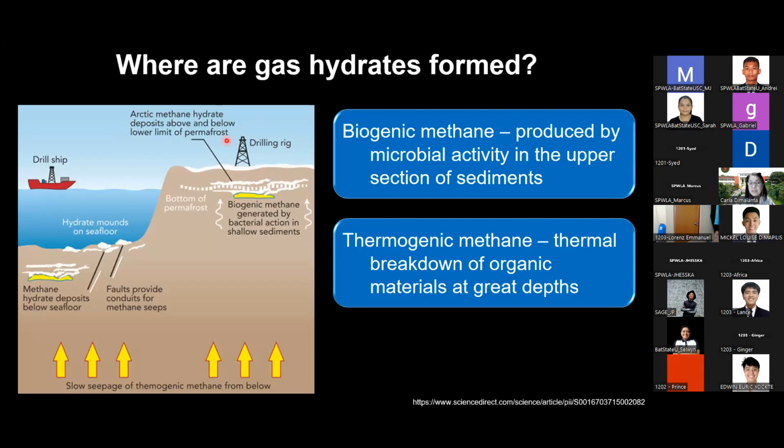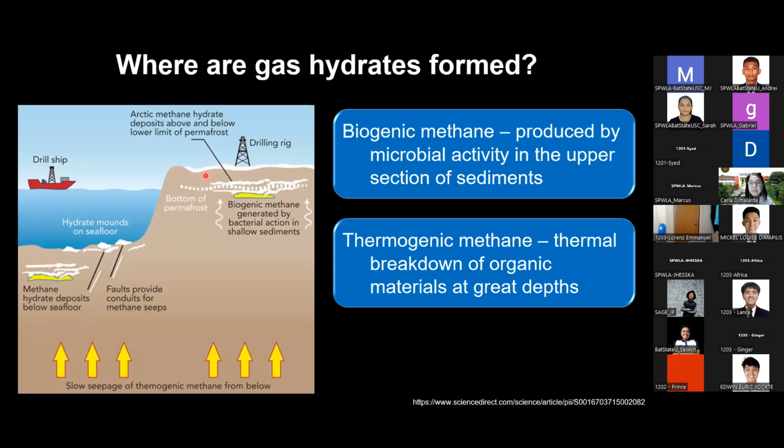This one, because of its shallow level, the technology is not as challenging in extracting the gas hydrate. Unlike when we talk about gas hydrates in the offshore areas, here you have to deal with water depths of greater than 300 to 500 meters. You can have your methane hydrate deposits occurring or forming below the seafloor.